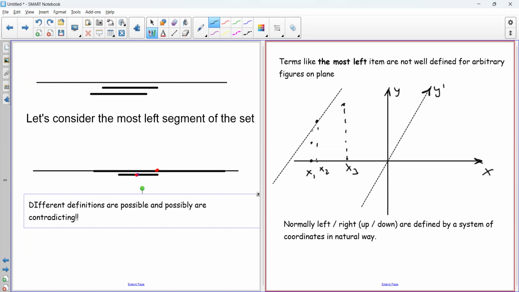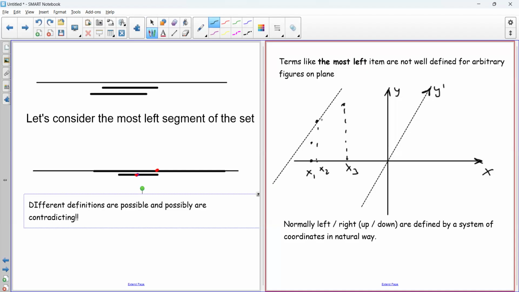But if we take the standard orthogonal system of coordinates, then x1 would be the most left. So this shows that these directional terms, left, right, up, down, and probably some others, are more difficult than they may seem.